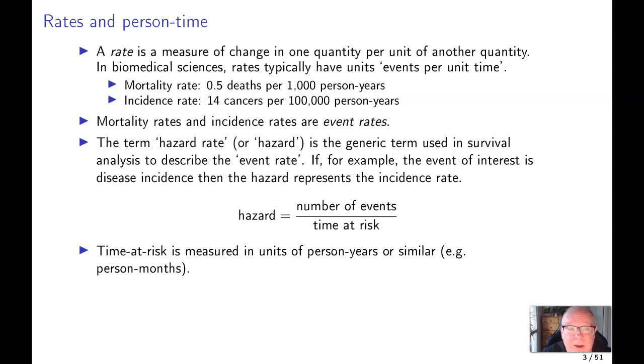Incidence rate, we might see as 14 cancers per 100,000 person years. These are event rates, and they're calculated as number of events divided by time at risk, or person time at risk. Now, the hazard is just the generic term we use in survival analysis to describe the event rate.